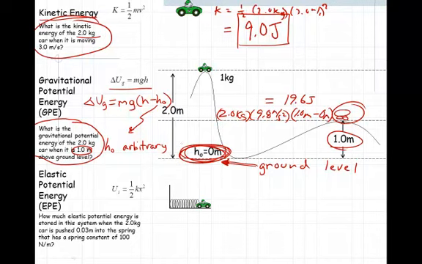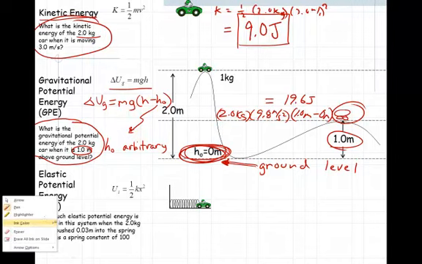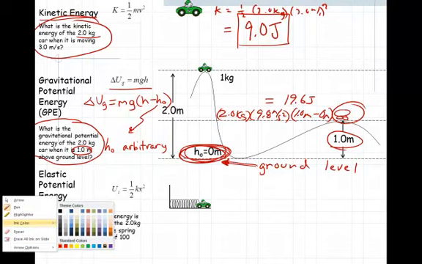Now, we could say the same thing if we arbitrarily choose this 1 meter mark. Let me choose a different colored pen here. I will choose this color.